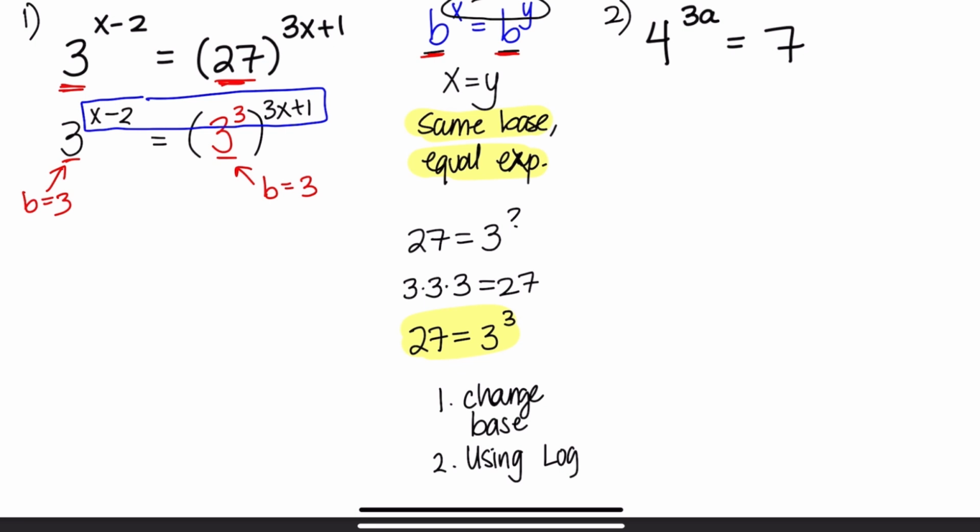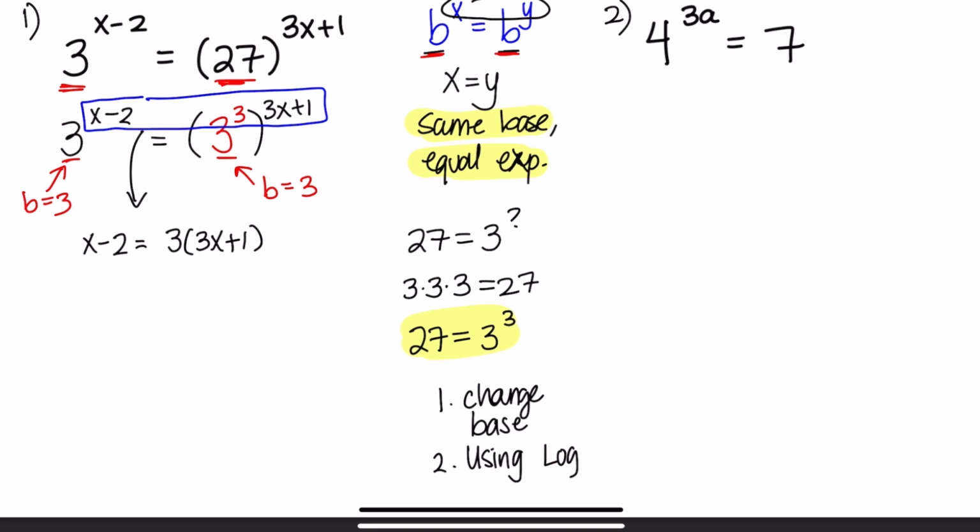So I just need to bring these equations down and solve for x. x minus 2 equals 3 times 3x plus 1. Notice I'm not worried about the big number 3's as the bases anymore. Once you have changed the bases to be the same, forget about them. Bring down your exponents and solve for your variable.